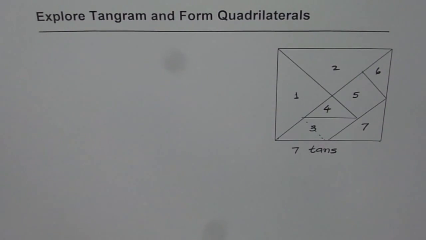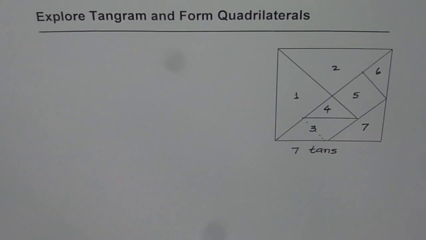So that makes it another quadrilateral. Well, these are irregular quadrilaterals, or we don't have a good name for them. For example, we are not calling them a trapezoid, square, rectangle, kite, or a parallelogram, but they are quadrilaterals, right? Let us see how to make quadrilaterals with the help of this game.